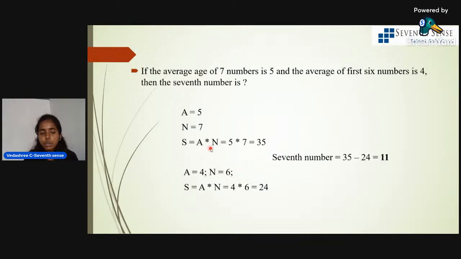Average into total number of values, which is 5 into 7 is 35. The same procedure will be applied for the average of the first 6 numbers also, which gives 24. Now to calculate the seventh number, we just subtract: 35 minus 24, which is equal to 11. Understood the problem?